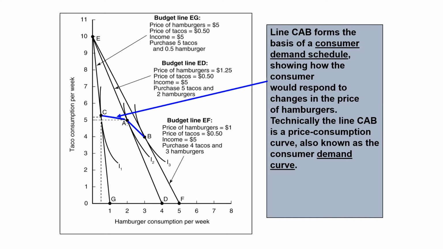Okay, so we have all three of the budget lines on here for each of the different varying prices of hamburgers. What these points show us are the beginning of a demand curve. Consumer demand schedule, consumer demand curve, similar things.